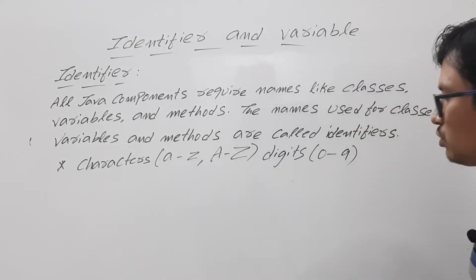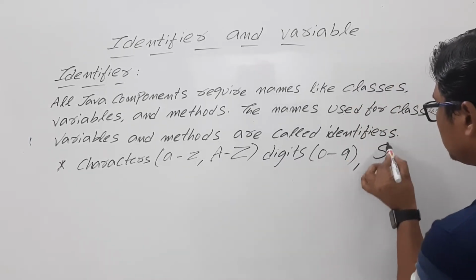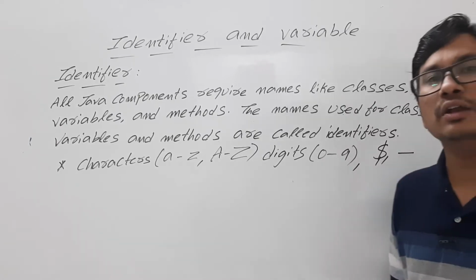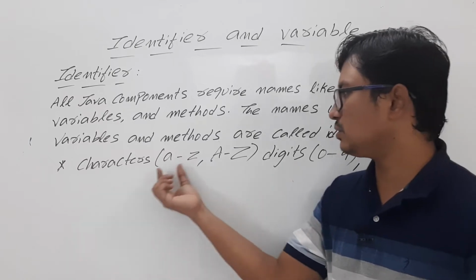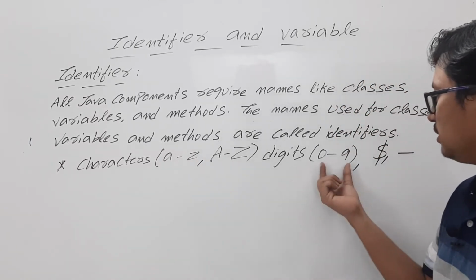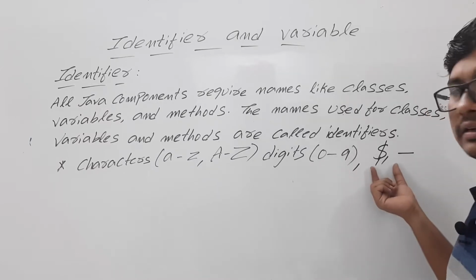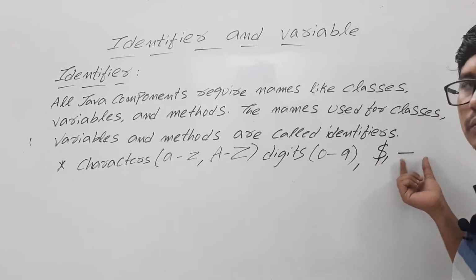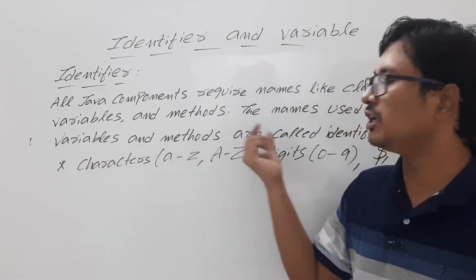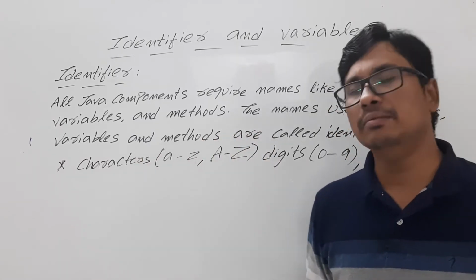And you can use two special symbols, one is the dollar and another one is the underscore. Nothing else is allowed. So these are the symbols you should use for giving a name to the classes, variables and methods.